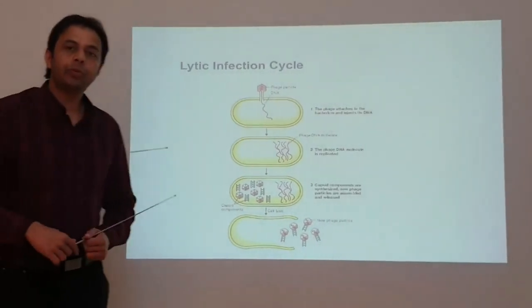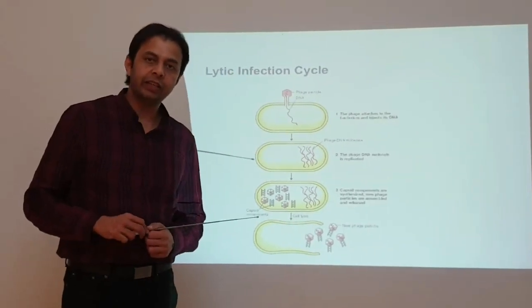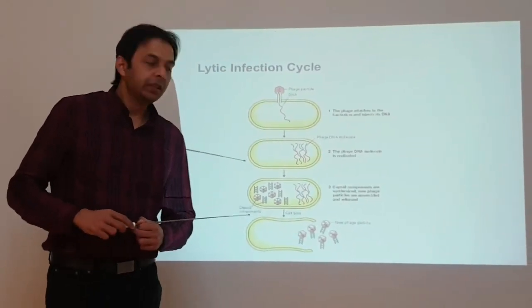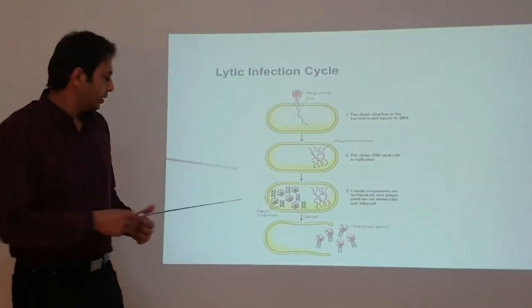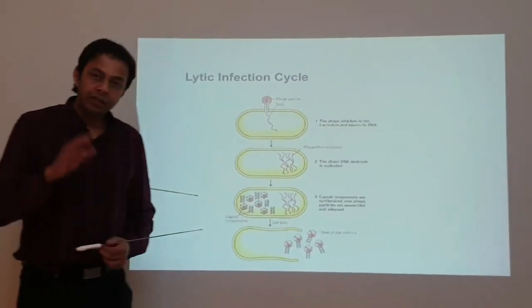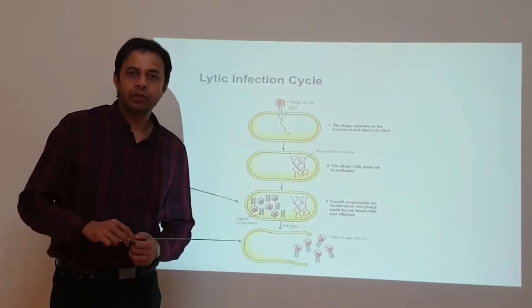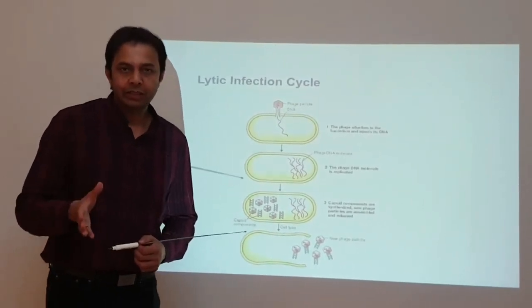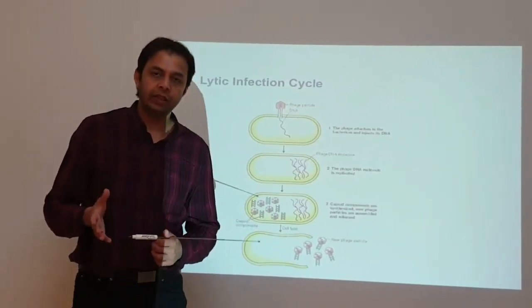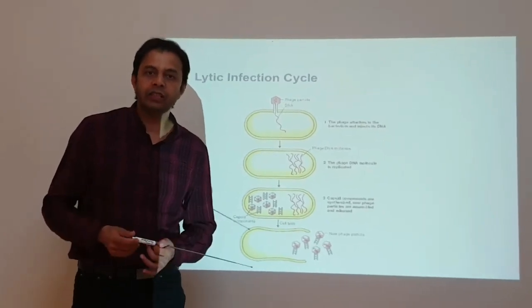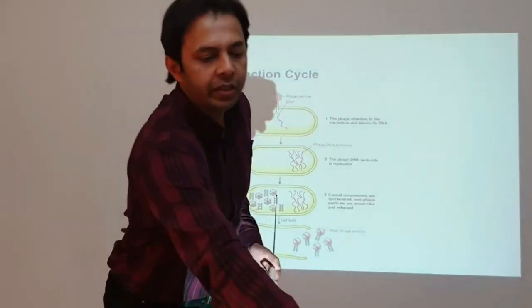The second type of infection cycle is the lysogenic cycle. In the lysogenic life cycle, the bacterial cells are initially not burst. So what happens is that the virus creates a peaceful relationship with the bacteria.